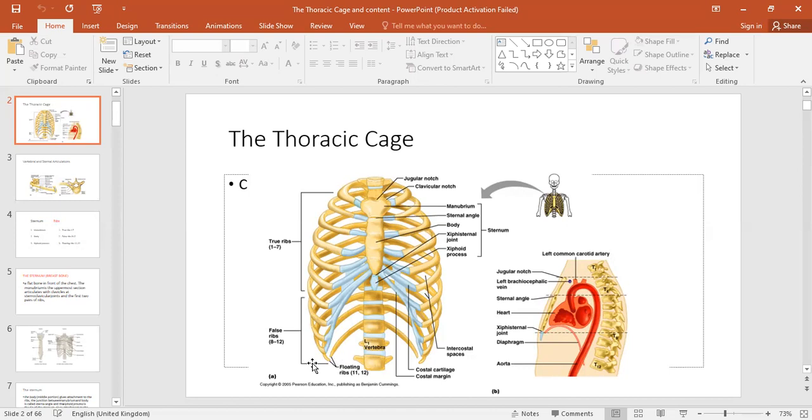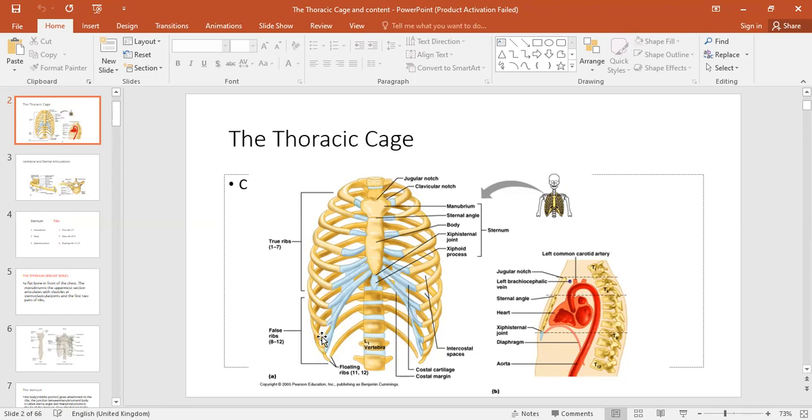Then among false ribs, we have what we call floating ribs. So rib 12 and rib 11, we call them floating. They belong to false ribs. They have no attachment to the other ribs above them. So rib 10 is attached to 9 above using a cartilage.